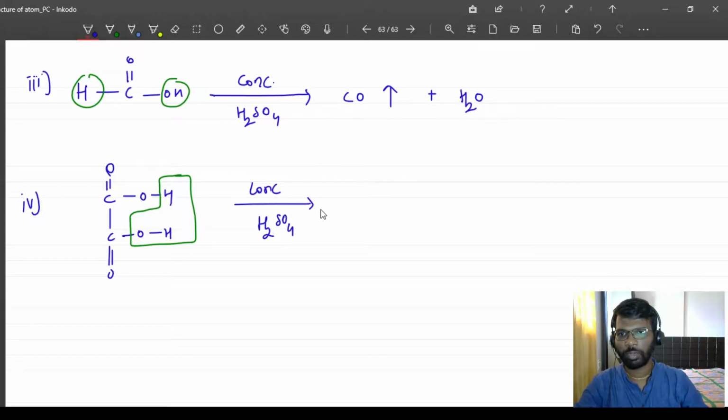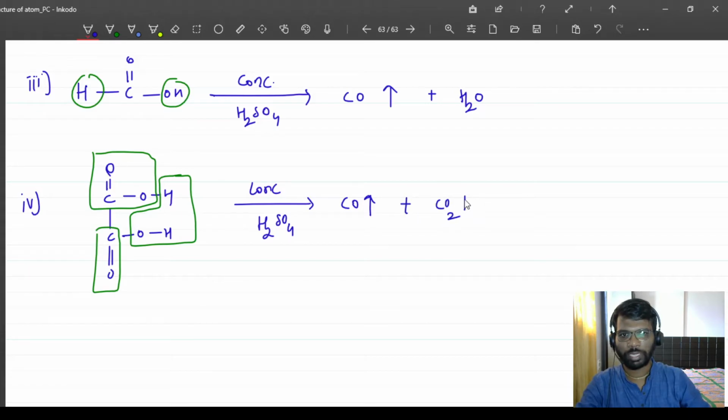So first, you are going to get carbon dioxide, right? And the other you will be getting is carbon monoxide. This is the way you can remember. So you are getting carbon monoxide gas and carbon dioxide gas plus water. In this way, it acts as a strong dehydrating agent.